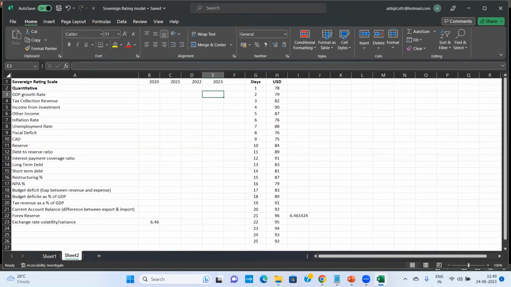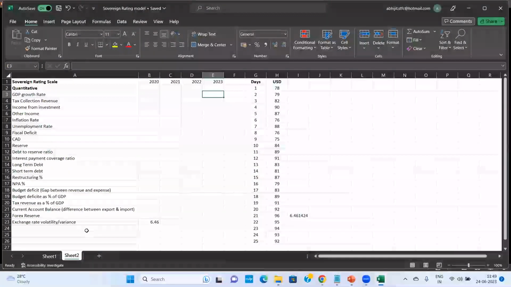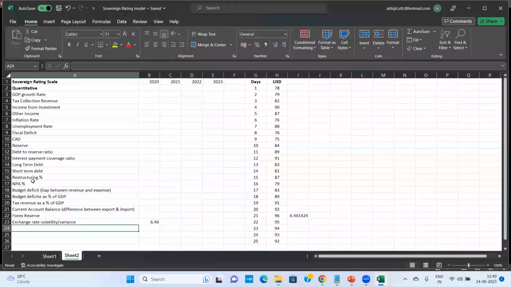By the way, I think there are a few more parameters. Financial sector, overall NPA and capital adequacy ratio. Yes, NPA percentage, I have written already. Capital adequacy ratio.